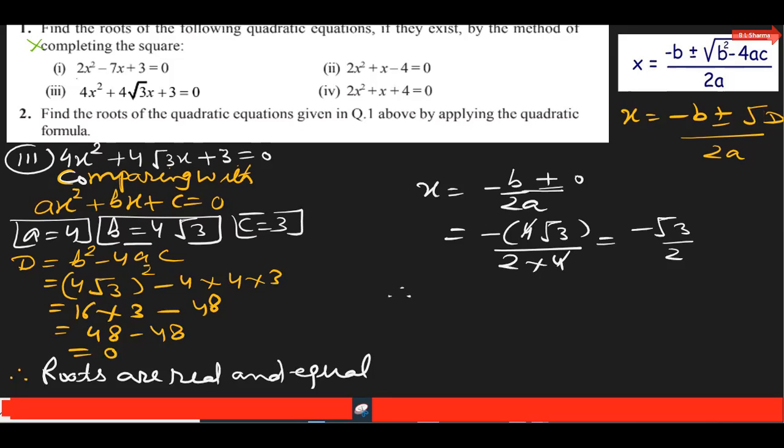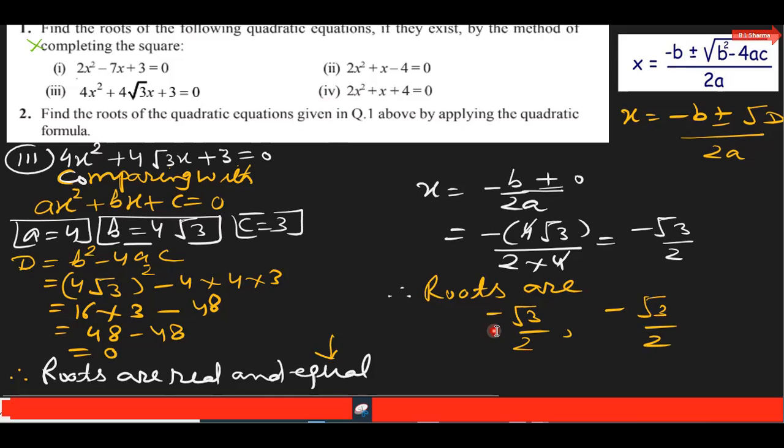Therefore, क्योंकि ये repeated roots है, दो roots है, therefore we can write that roots are minus root 3 by 2 and minus root 3 by 2, क्योंकि रूट्स तो दो ही होंगे लेकिन दोनों इक्वल होते हैं. दैट इज व्हाई वी कैन राइट द बोथ रूट्स आर minus root 3 by 2 and minus root 3 by 2, and that's all for this question.